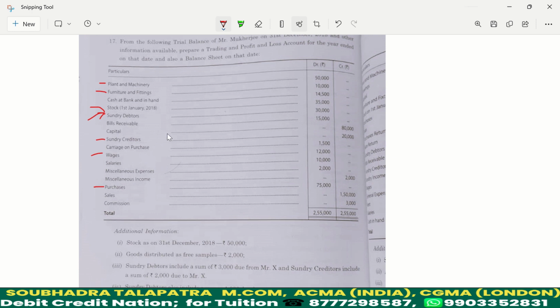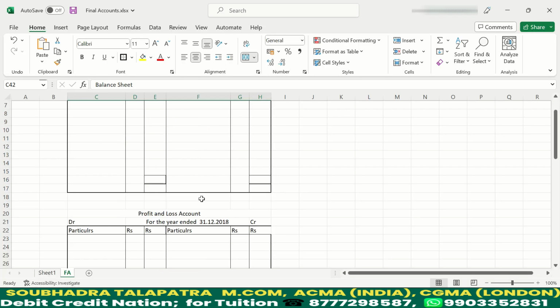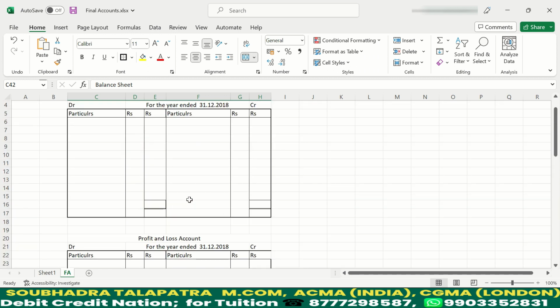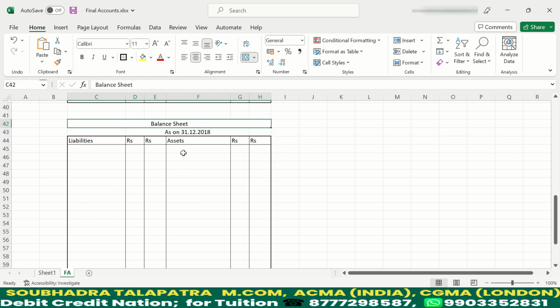Here our motto is not to complete the trading account first, then the profit and loss account, then the balance sheet. Whatever item you find, you need to post it. For the balance sheet, first let me put out the subdivisions.